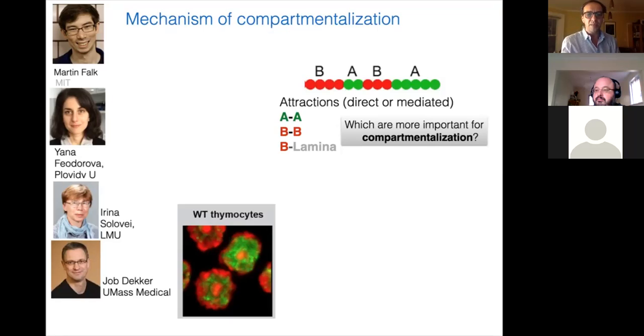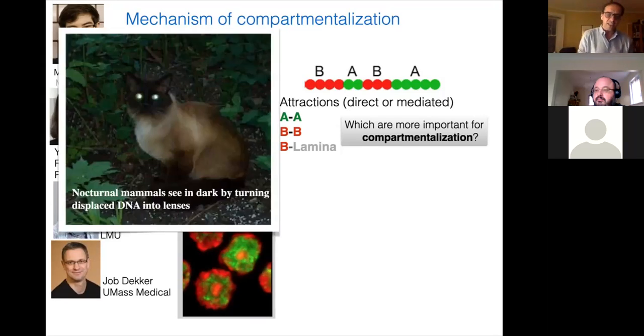But then in many cases in biology, you can learn from some oddities. One interesting oddity is the organization of the nucleus in the retina of nocturnal mammals. So we're not nocturnal, but our cats and dogs are, and so are mice, and practically all mammals except for big apes and old world monkeys are nocturnal. So in the retina of nocturnal mammals, rods of the retina have very special nuclear organization.